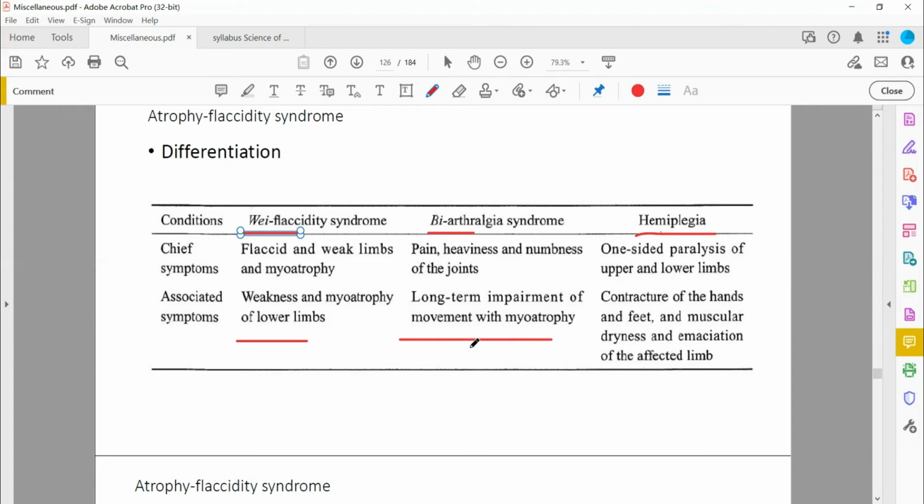And finally, for a long time, there will be atrophy of the muscles too, right? Like for some people, they lie down on the bed too long, and there will be weakness of the muscles.